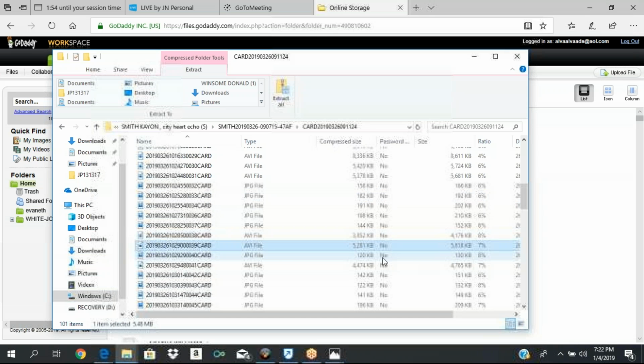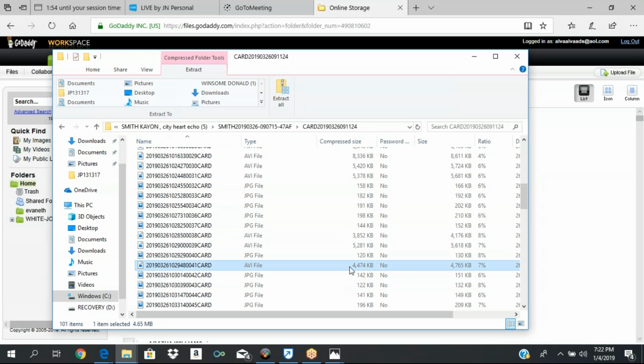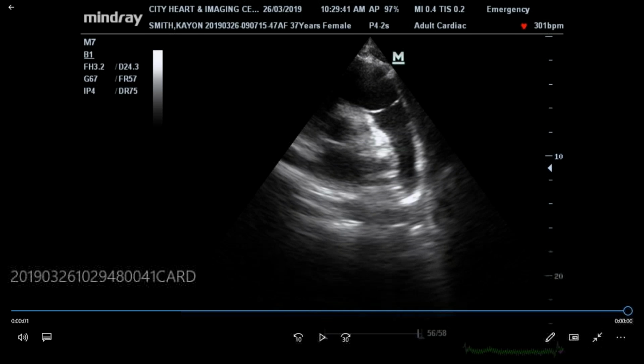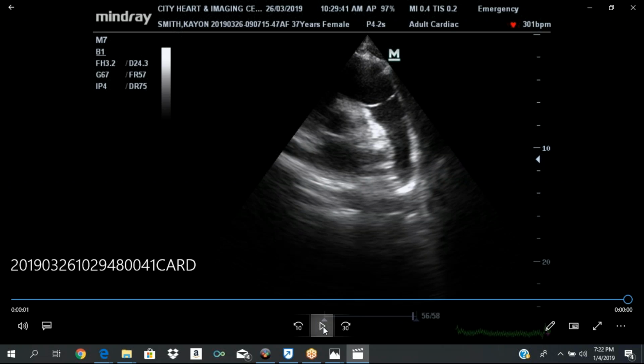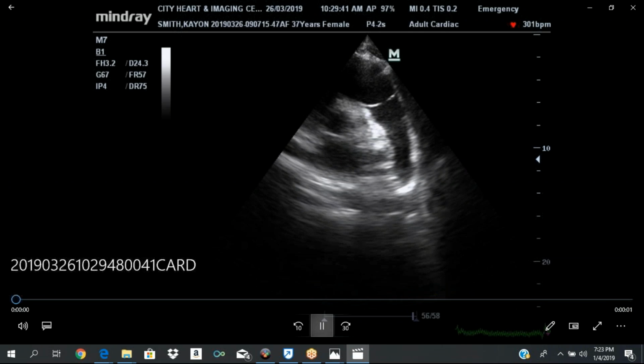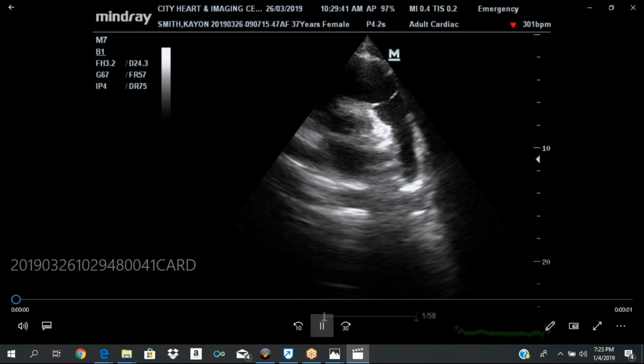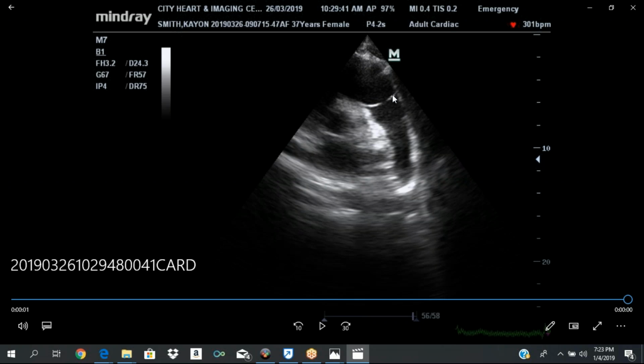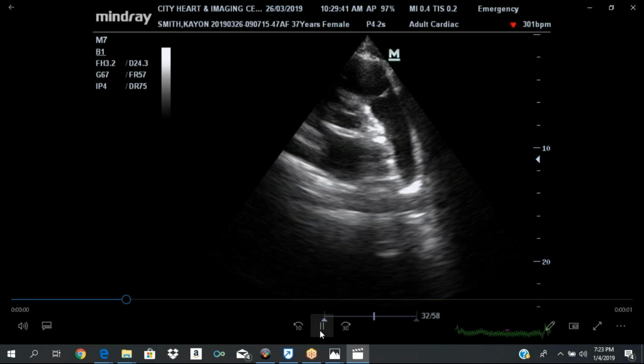And you can put your color Doppler in, look to see if there's any abnormal flow. There are dedicated views that you can do to have a close look at the pulmonary valve and the pulmonary trunk and the bifurcations.